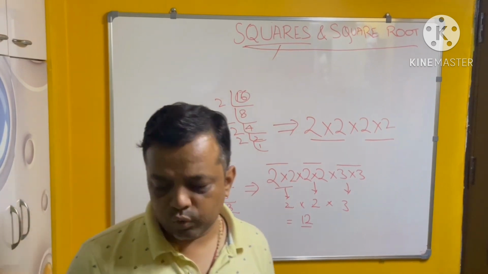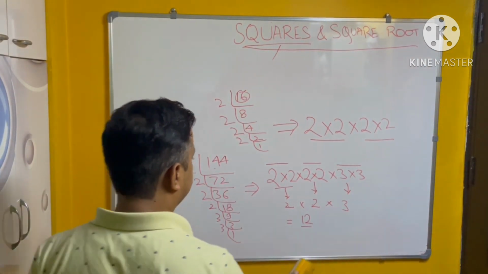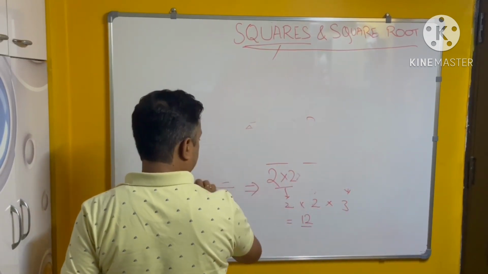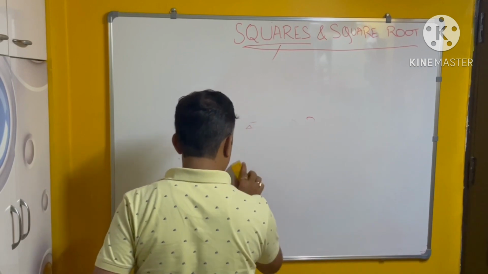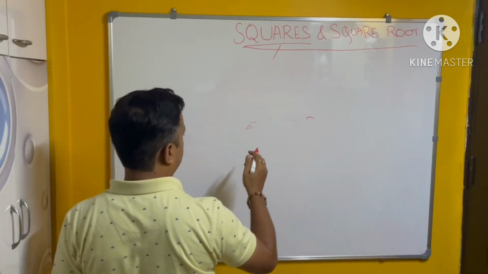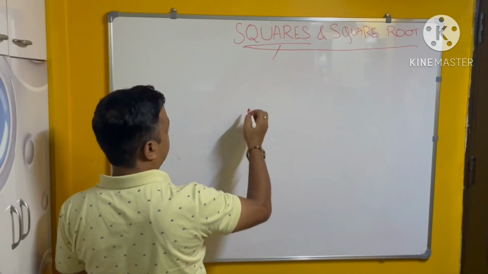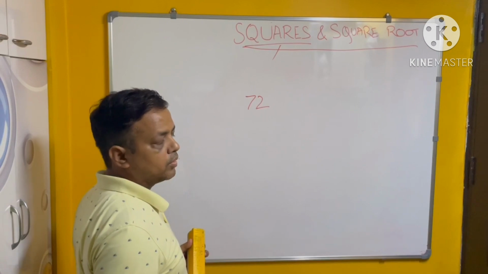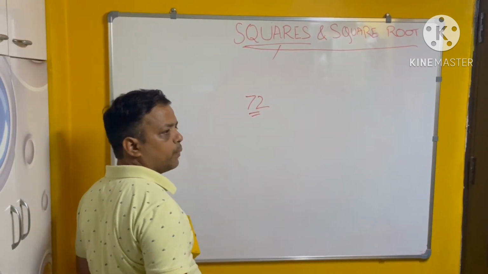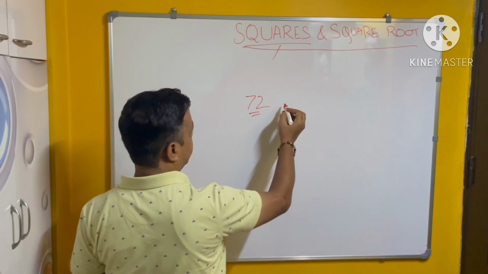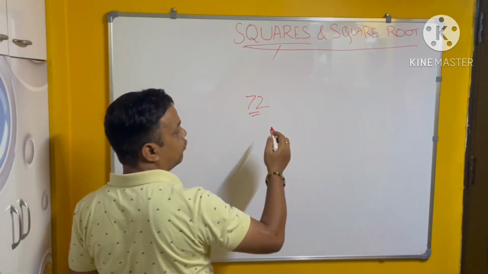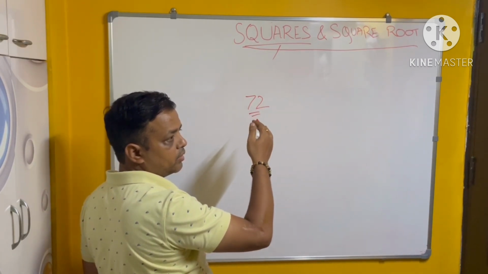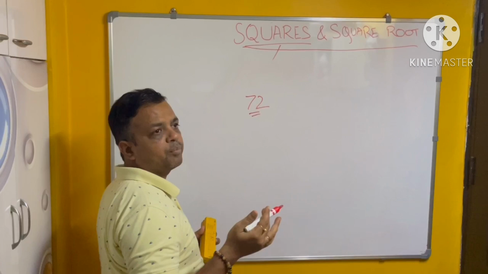Okay, so some questions you can get, like 72 is the number, and the question is: by which number should we multiply it so that the product gets to be a perfect square?